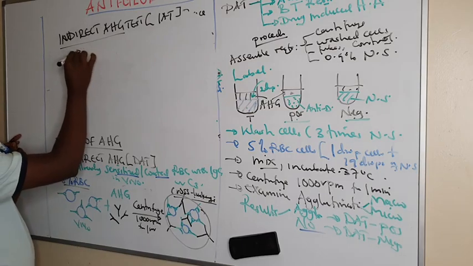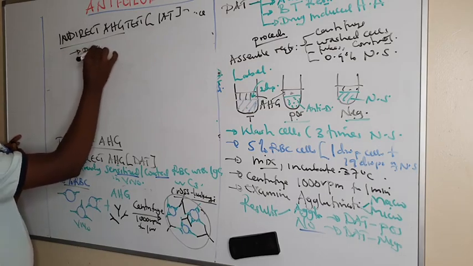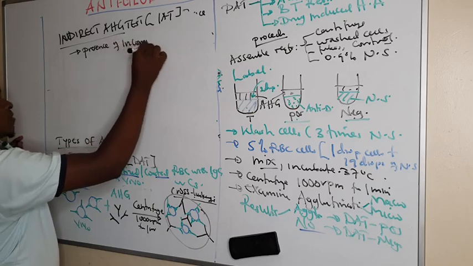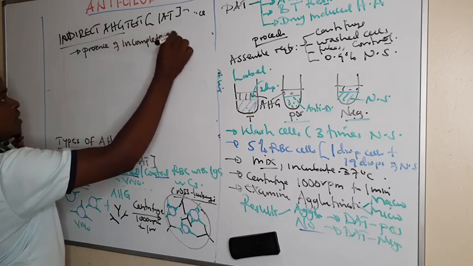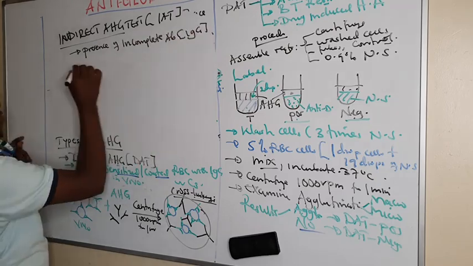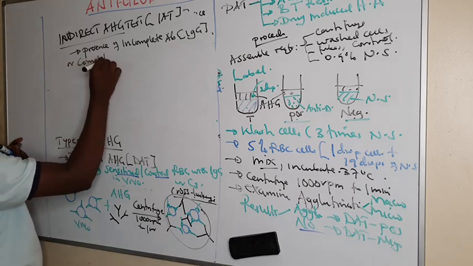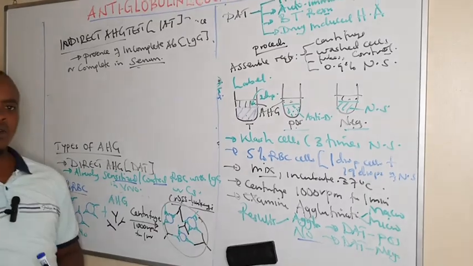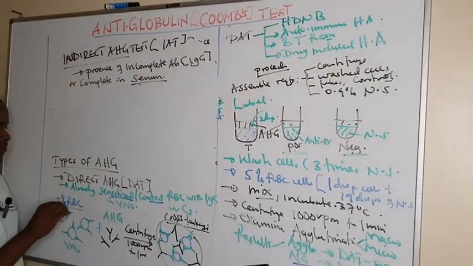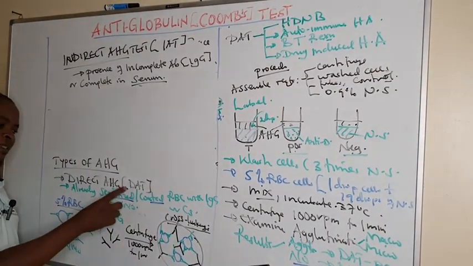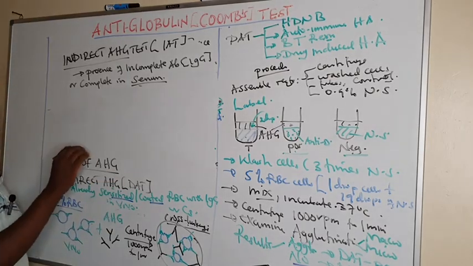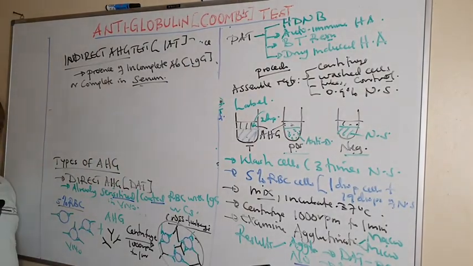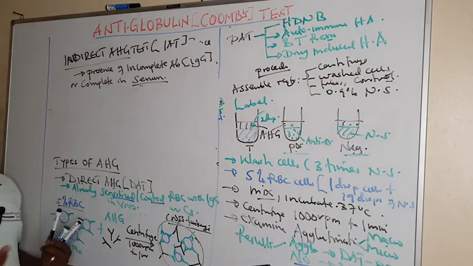This one detects the presence of incomplete antibodies, that is always IgG type, or complement, saturating in serum, which is different from direct, which is looking for already sensitized cells. This one is detecting incomplete antibodies or complement in the serum of the patient. So that is how it differs.